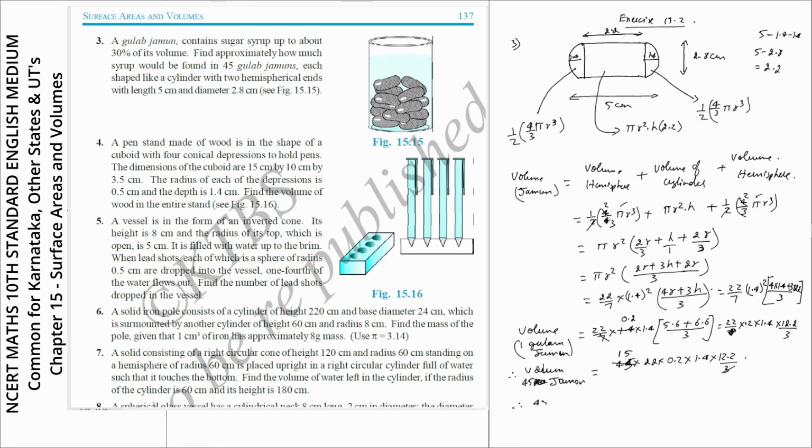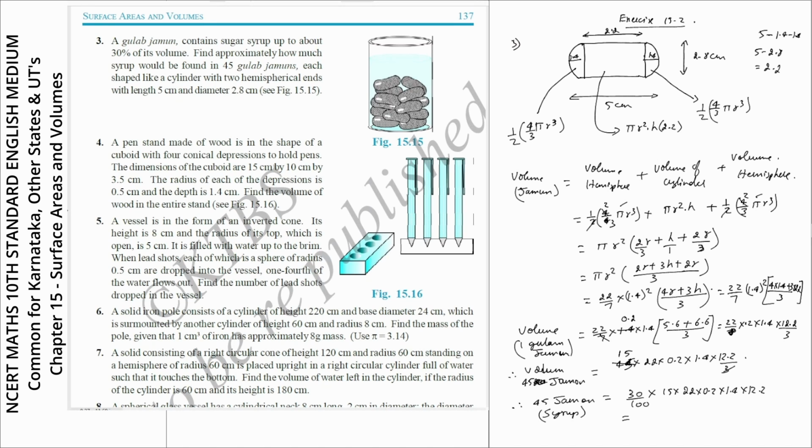For 45 jamuns, the syrup will be 30% of this volume, that is 30 by 100. So this is syrup. Therefore for 45 gulab jamuns the syrup will be 30 by 100 into 15 into 22 into 0.2 into 1.4 into 12.2.